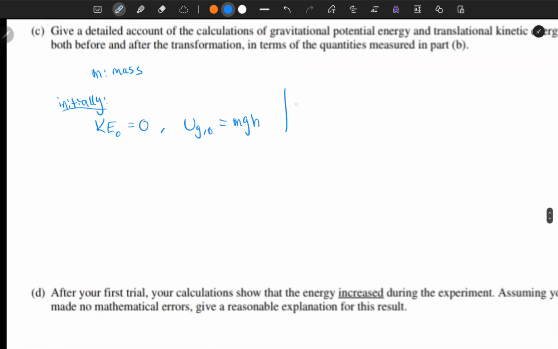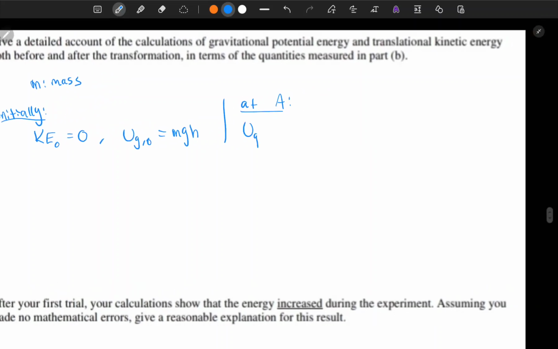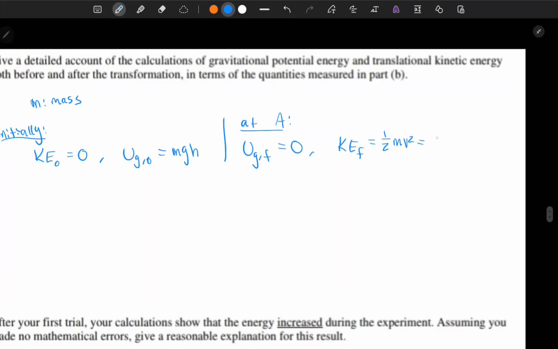Then, at point A, we have the following. The final gravitational potential energy is equal to 0 because the cart is 0 meters above the ground. However, we have a kinetic energy, KEf, which is equal to 1/2 mv squared. Because of how we calculated v above, this should be equal to 1/2 m times d squared over t squared.